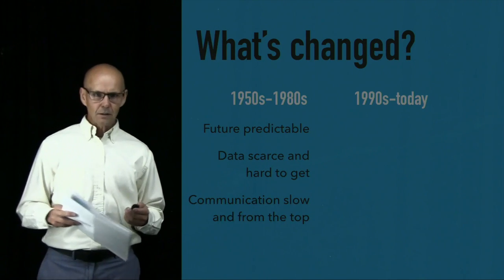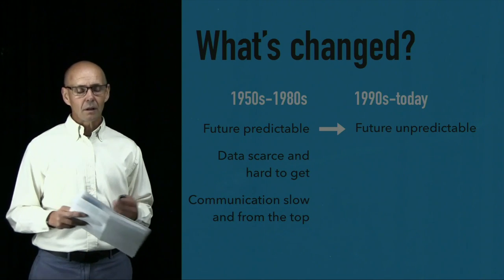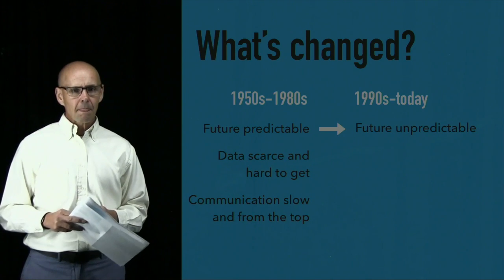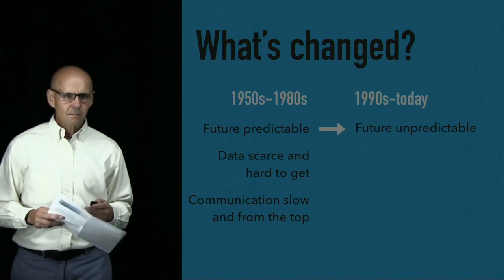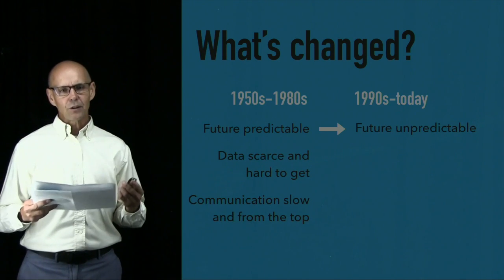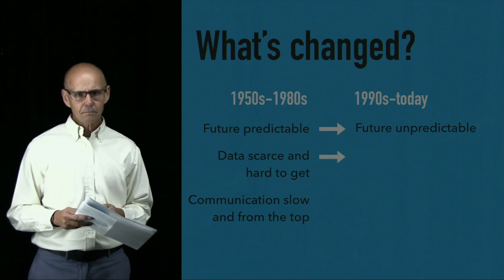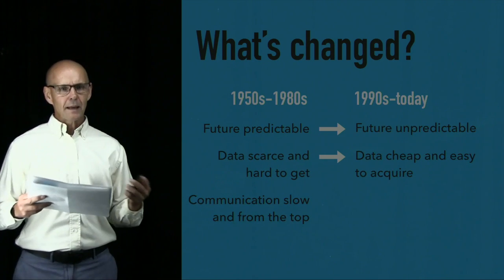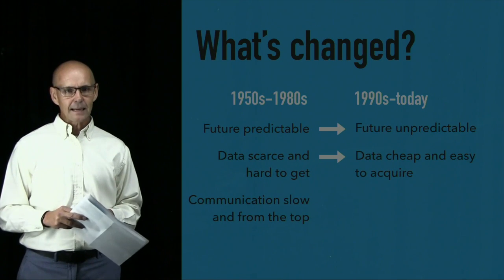So what has changed in today's world? Obviously the future is not nearly as predictable. Things change so rapidly in terms of new technologies being introduced, new innovations being built on existing technologies, that it's very hard to think even more than 6 months to a year in advance and feel that there's a reliable expectation that those things will remain the same. Data is everywhere. It's cheap. It's easy to acquire. Our competitors typically are going to have at least the same amount of access to that data.